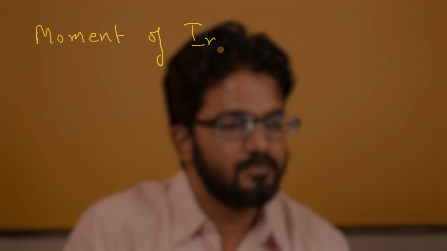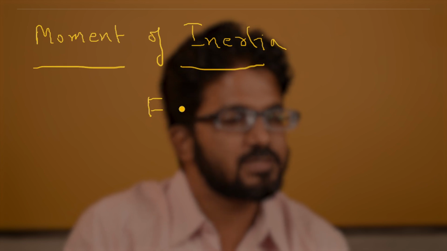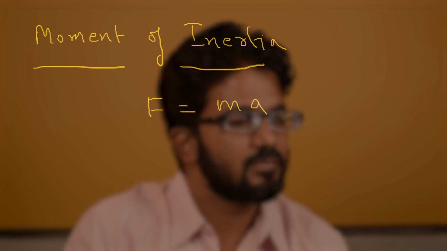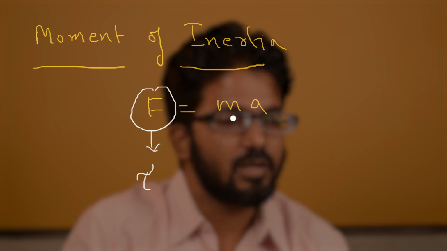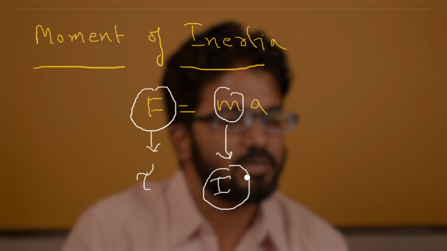Whichever be the component, according to the question we are going to apply both of them. Let's now understand one more thing, that is moment of inertia. As for the linear part we have F is equal to ma, force is related to torque in angular motion, and mass is related to the moment of inertia times the angular acceleration.